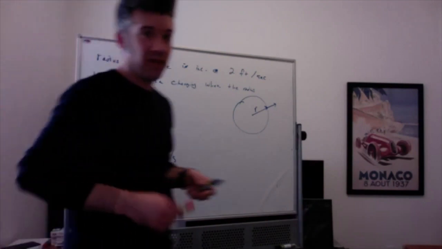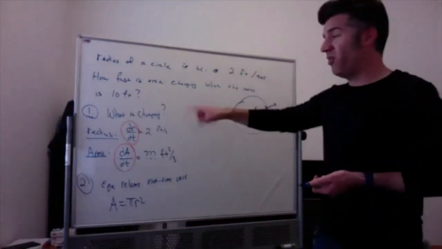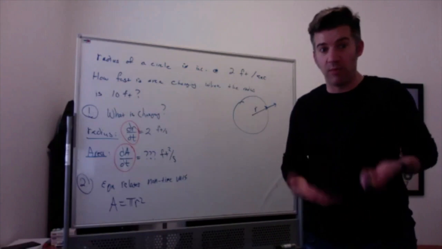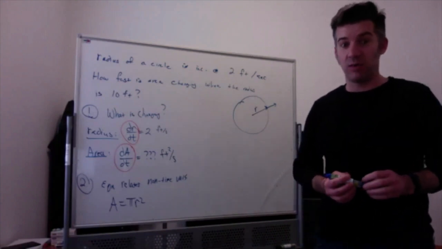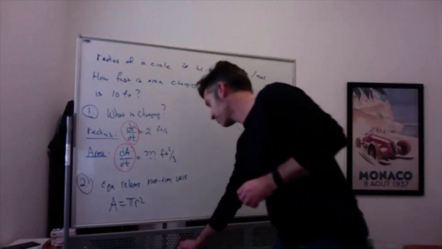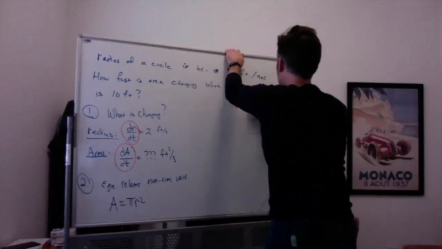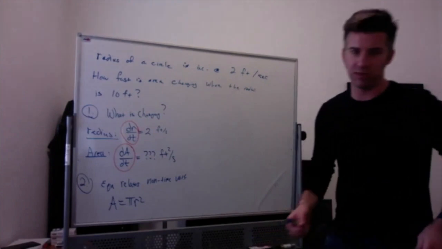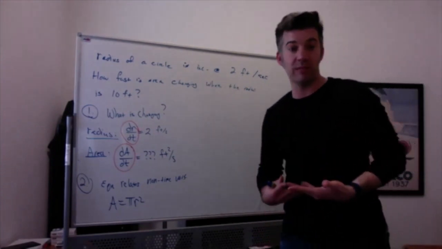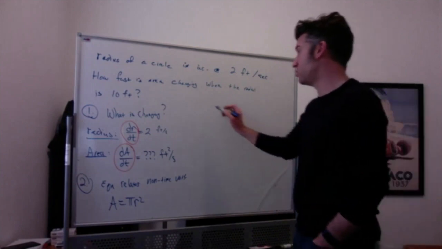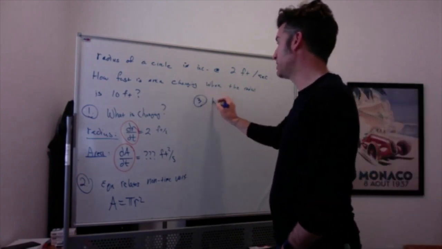What I'm trying to imply here is that both of those things need to actually show up when we do this next step. And the next step is to differentiate both sides of the equation with respect to time. It doesn't always have to be with respect to time, but it's almost always with respect to time, because usually you're talking about how things are changing as time is progressing. So I'm going to differentiate implicitly, really.